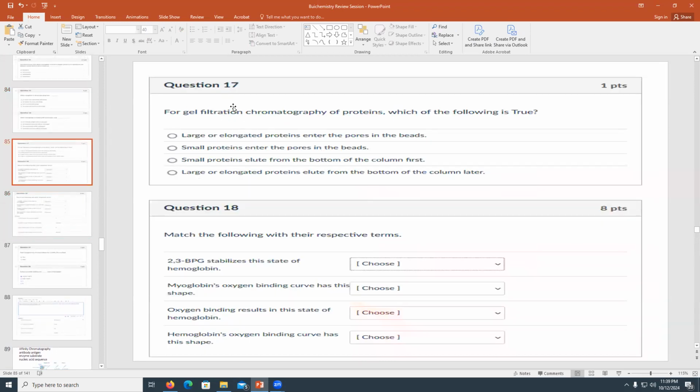Our question says the gel filtration chromatography. Which of the following is true? Large or elongated proteins enter the pores. No, it is the small ones who enter the pores. Small proteins enter the pores in the beads. That's true. Small proteins elute from the bottom of the column first.